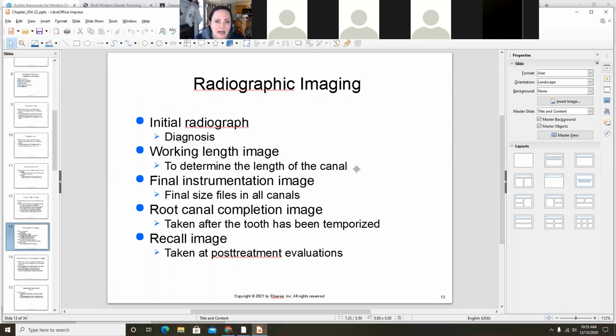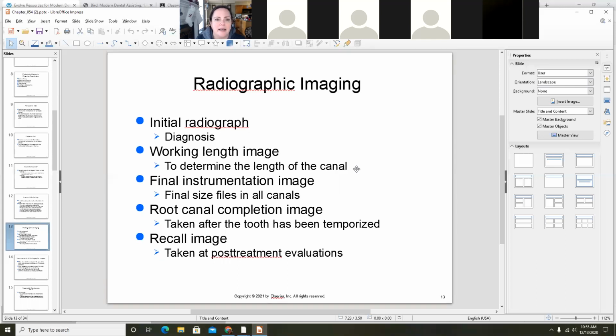Once he does that, you want to use an apex indicator to make sure that you got to the bottom, or the apex, of the root. Sometimes they keep the file in there and then take an x-ray just to make sure they're at the apex, okay?